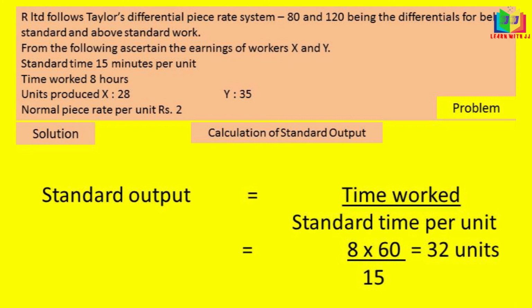Since it is given in minutes, we'll convert the time worked from hours into minutes. So 8 into 60 will get 480 minutes. That should be divided by 15. 8 into 60 divided by 15 will get 32 units. This is the standard output.